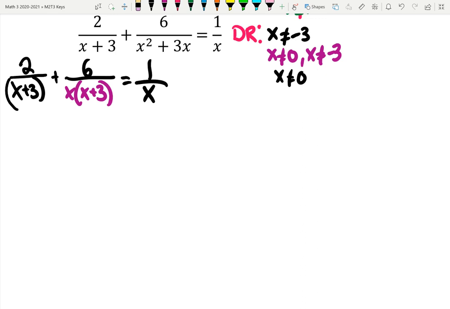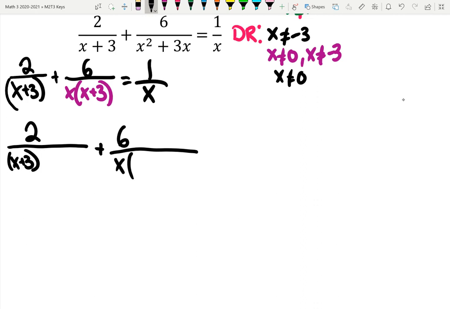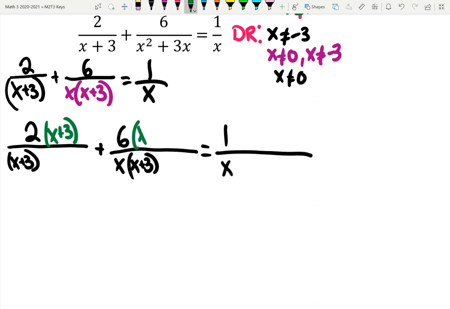Now what I'm going to do is multiply all parts by the denominators. x plus 3, and I'm going to extend it, leave a gap, 6 times x plus 3 equals 1 over x. I'm going to multiply by x plus 3. I multiply all of my terms by it.